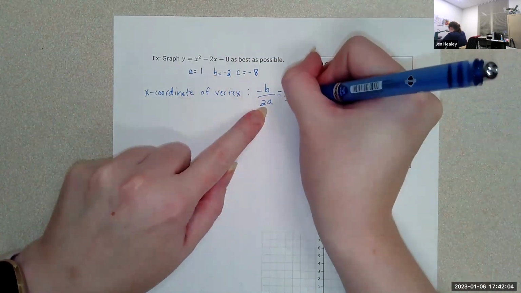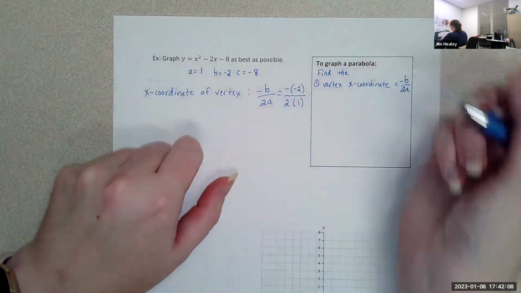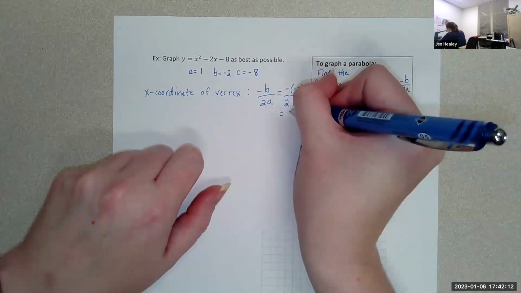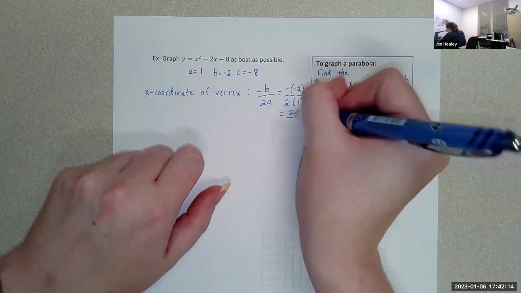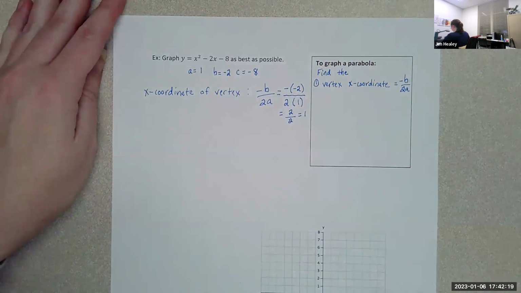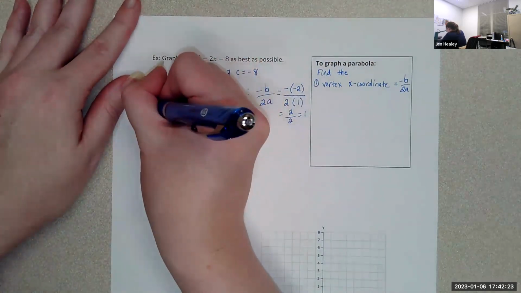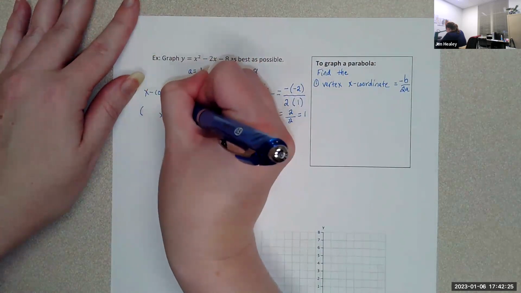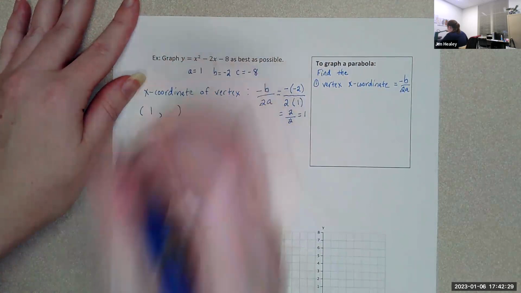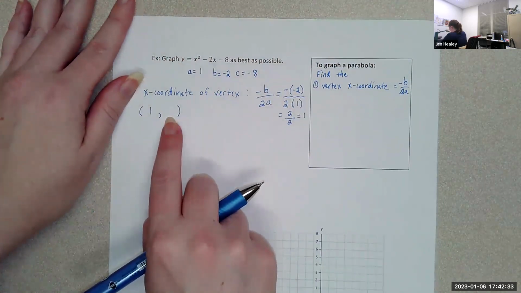And then in the bottom, I have 2 times our A value, and our A value is just 1. So the x coordinate of our vertex is going to be +2 over +2, which simplifies to just 1. And so when we're talking about a vertex, it's a point. And so far, what I have for the vertex is this coordinate, and we just figured out that it's a 1. I still need the y coordinate of the vertex to actually find what the vertex is.